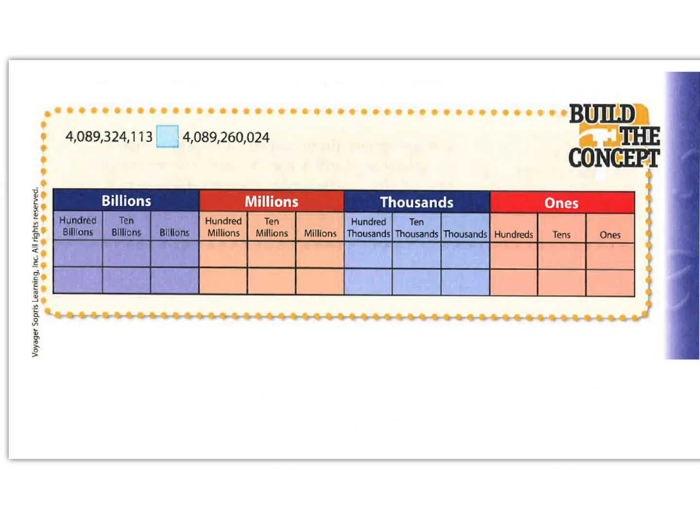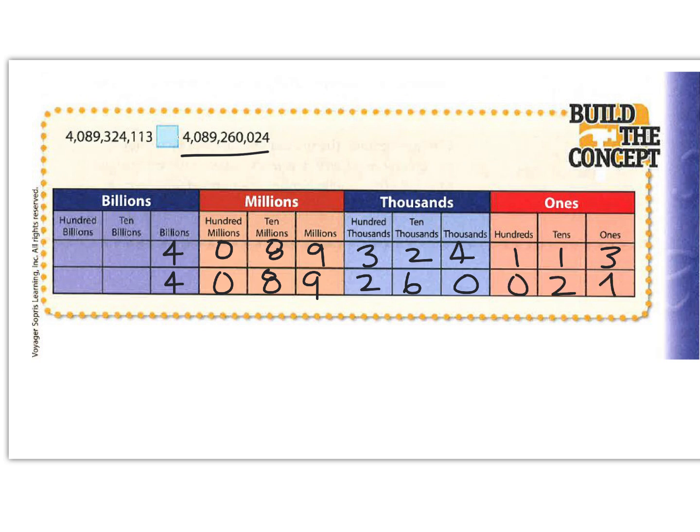All right, if we look at this, we want to compare. So I'm going to write this out in a place value chart. So the first one is 4,089,324,113. Then this number is 4,089,260,024.